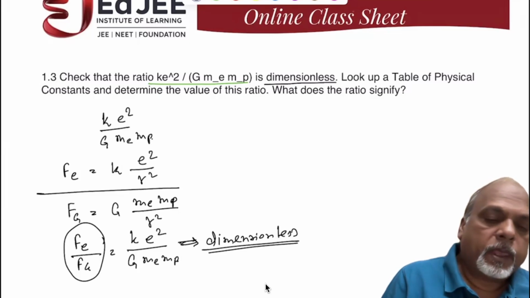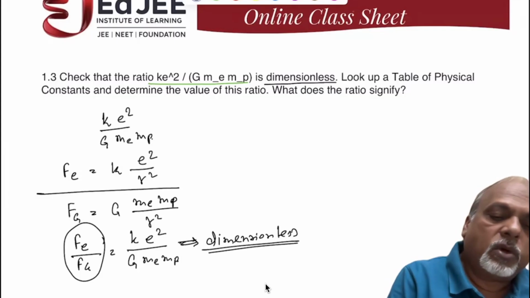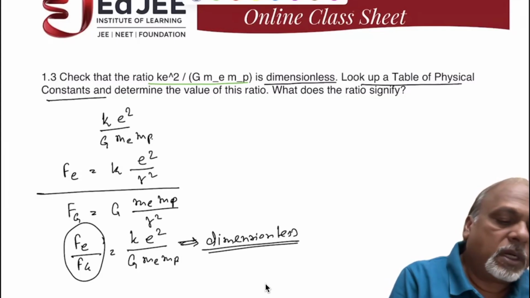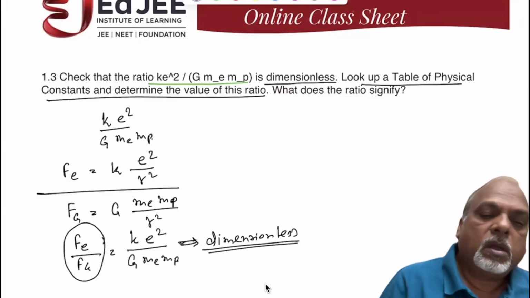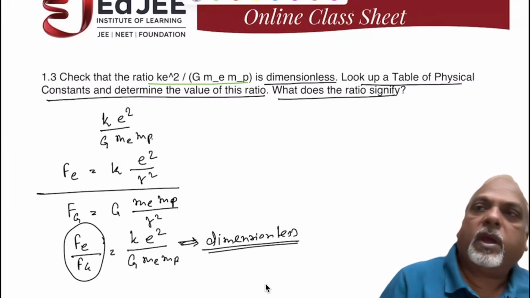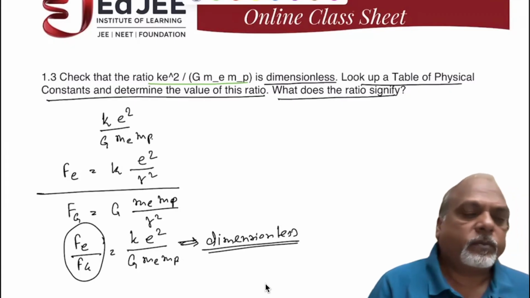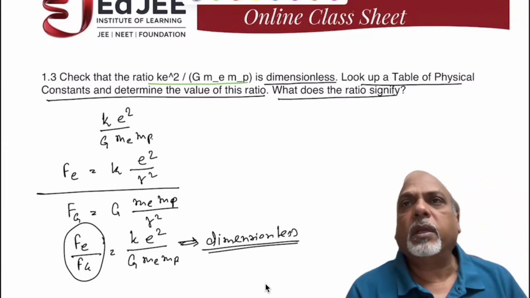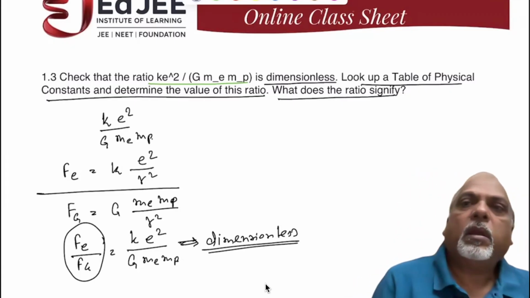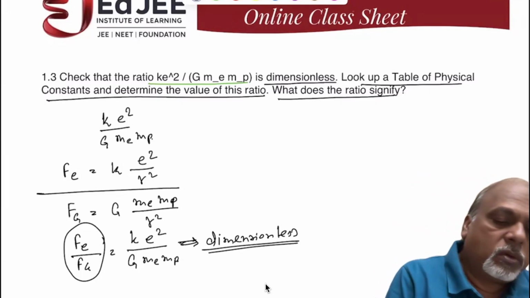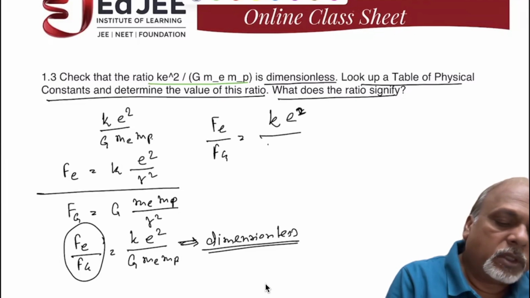Correct. Now, another part says look up a table of physical constants and determine the value of this ratio. What does the ratio signify? So let us calculate this ratio basically. Fe upon Fg is nothing but K e square upon G m_e m_p.